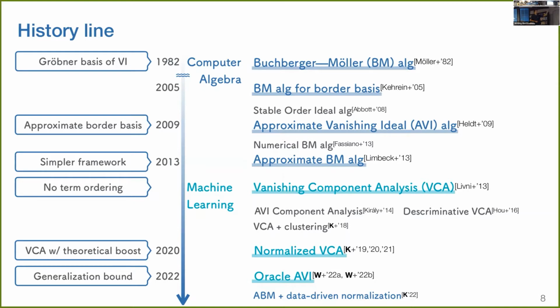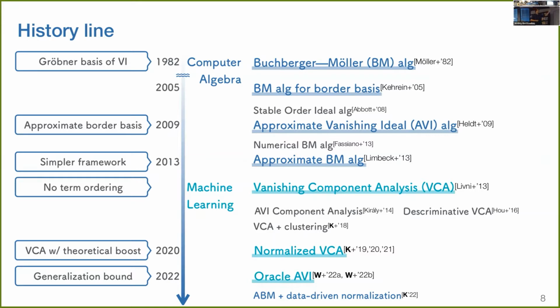So the critical difference between them is that in computer algebra, people are very strict about theory, but in machine learning, we don't care that much. Instead, we need some good performance in applications.